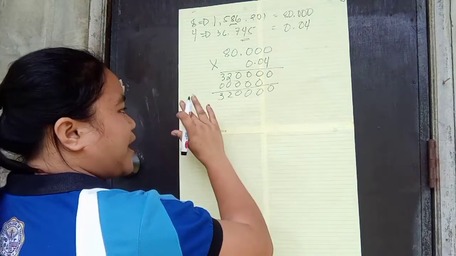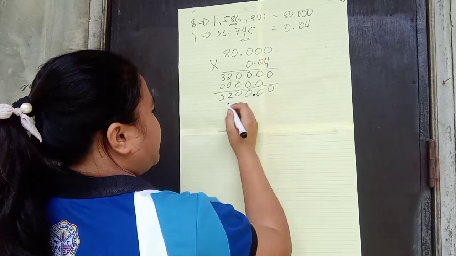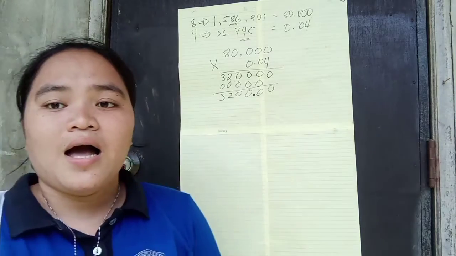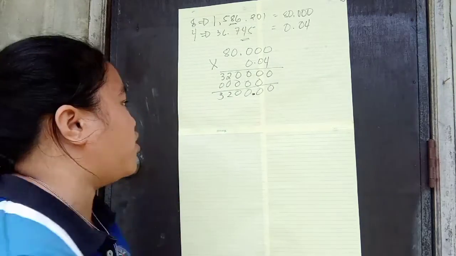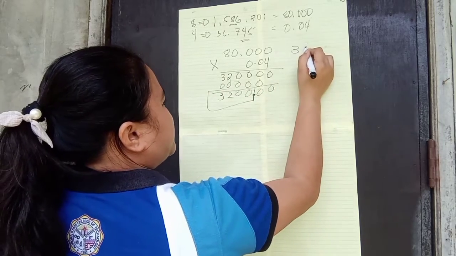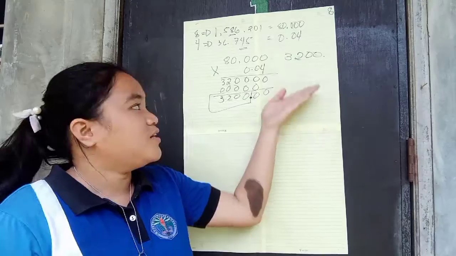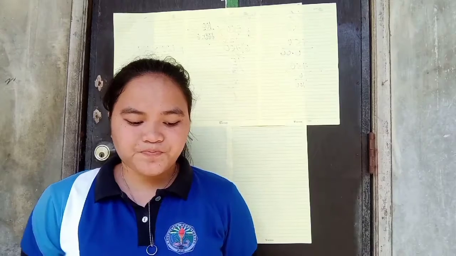So, magbibilang lang tayo pakaliwa. So, 1, 2. So, dito ang ating decimal point. Kaya, ang multiply or the product of digit 8 and digit 4 is 3,200. That's how the 3,200 get in this question.